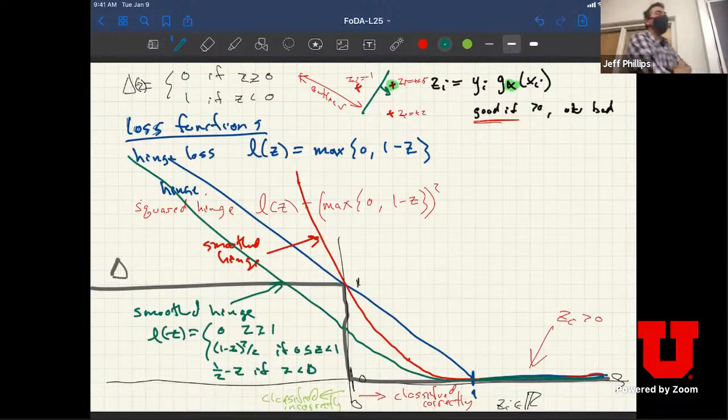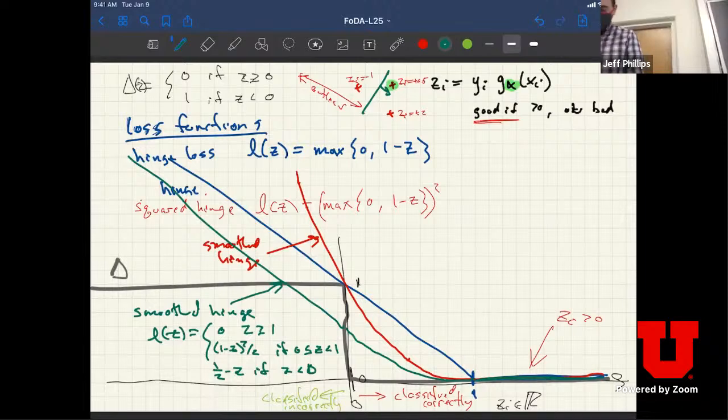So this is the smoothed hinge loss function. And so this is going to be differentiable everywhere. I have 3 case statements. It's not going to be an upper bound on the delta function, but it probably doesn't matter so much. And it doesn't really have a squared penalty for outliers. So this one is actually pretty nice.